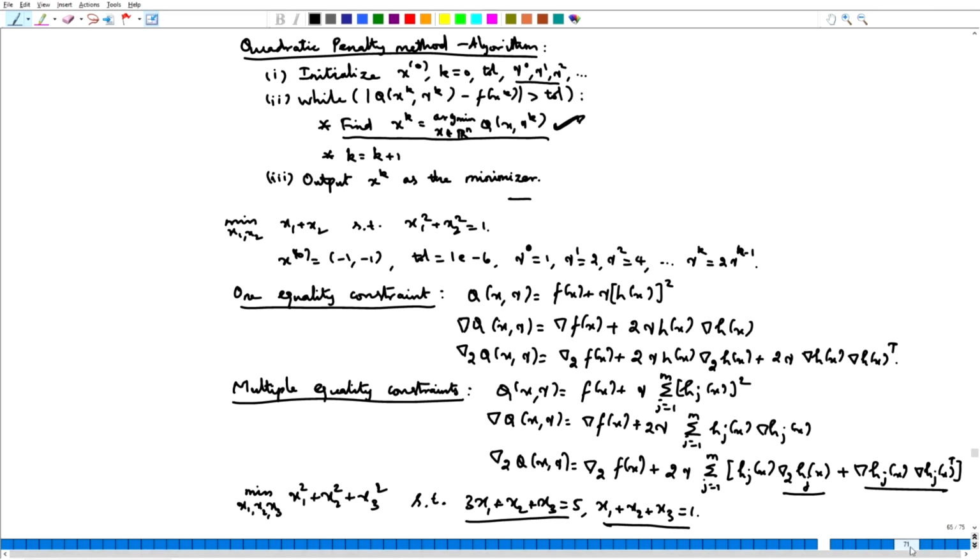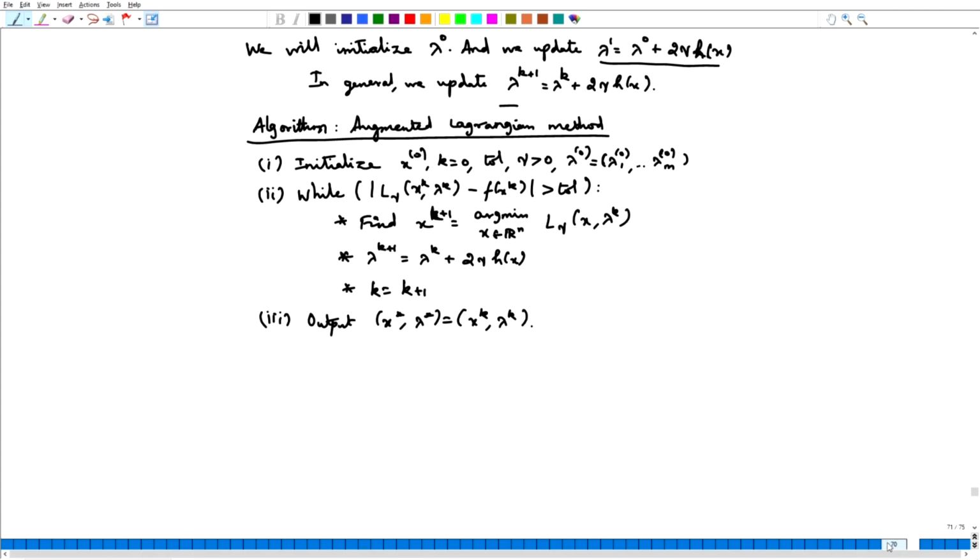In fact, understanding augmented Lagrangian method when you already know quadratic penalty method is quite simple. I will briefly let you know what the differences are, so that it is completely clear how you come from quadratic penalty method to augmented Lagrangian method.